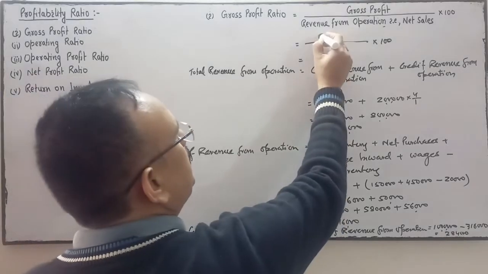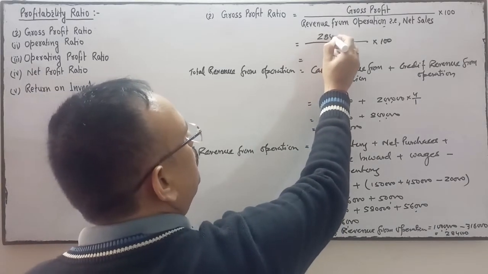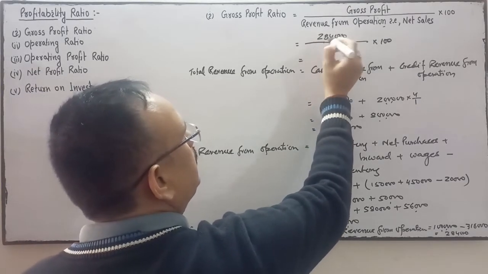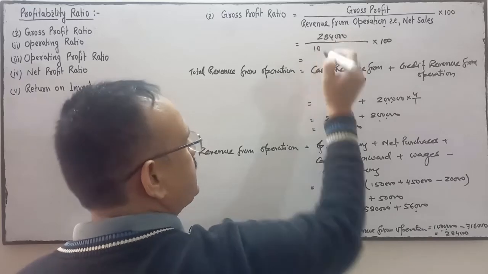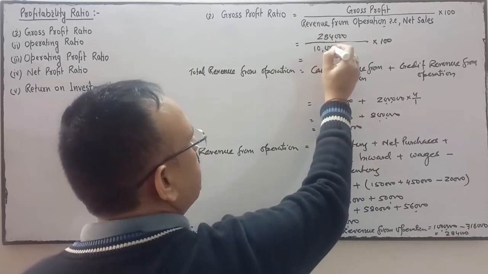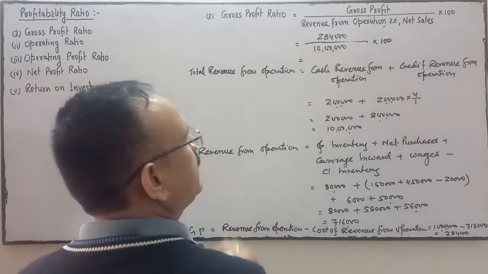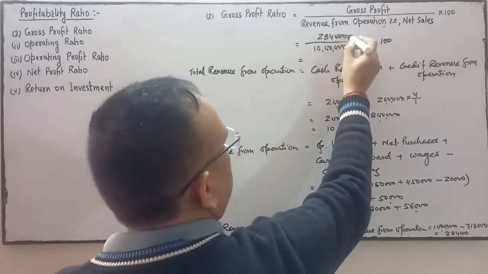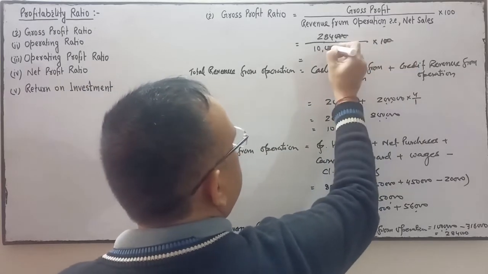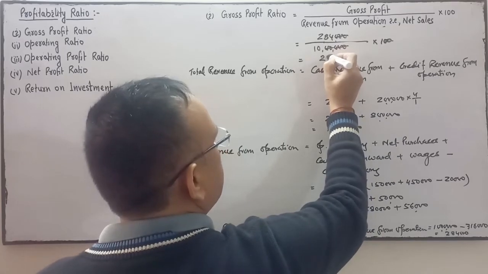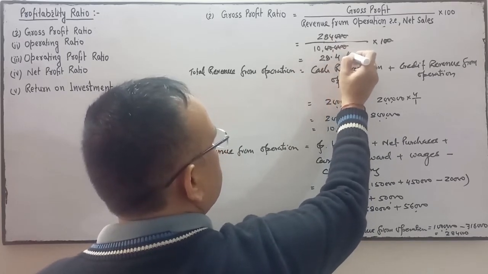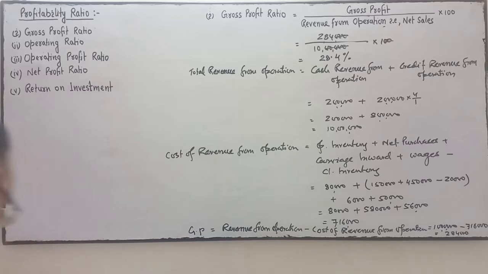2,84,000 is GP and your revenue from operation is 10 lakhs. So you calculate the percentage. So GP is 28.4%.